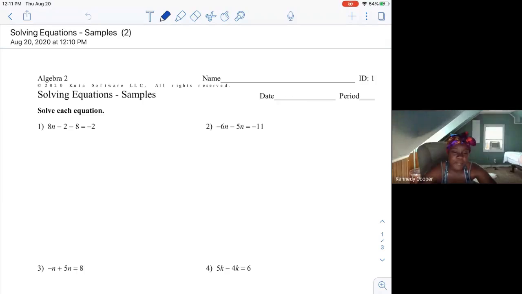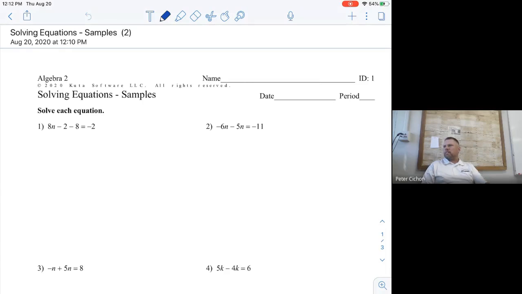Mr. Jingler? Yes. I have to do it on PDF because my iPad broke and I got this computer, which doesn't have Notability, so I'm just doing it on PDF. That's fine, as long as you can submit it on Google Classroom and I can see it.